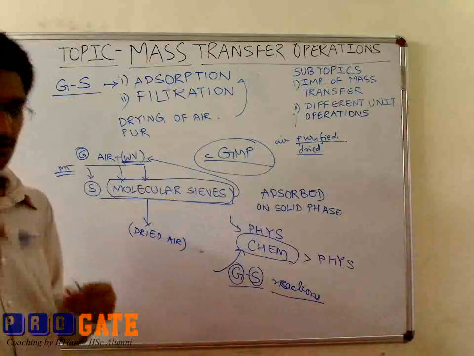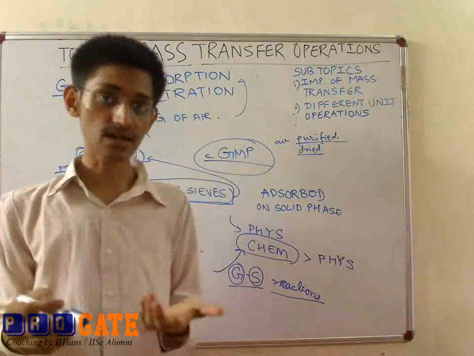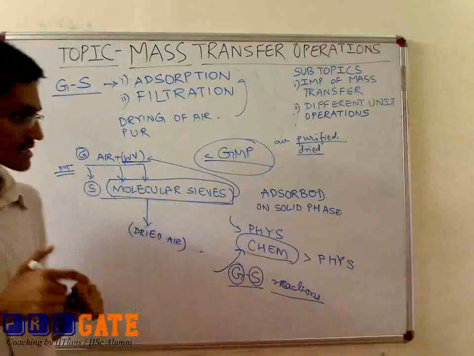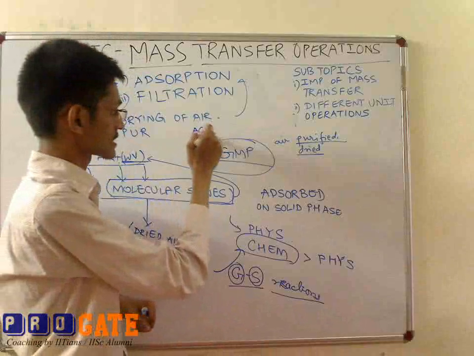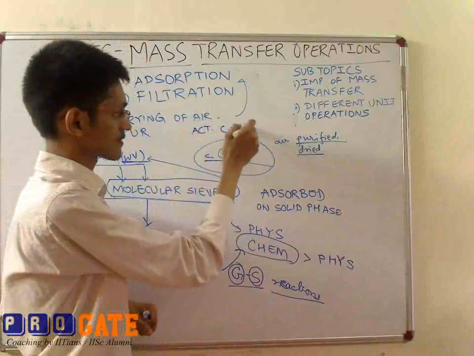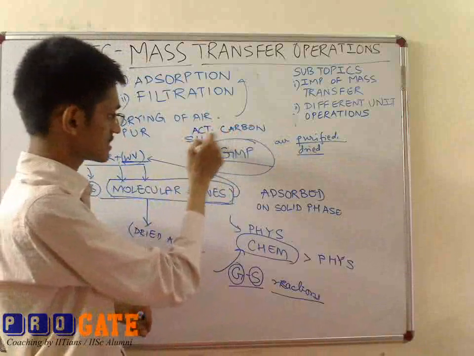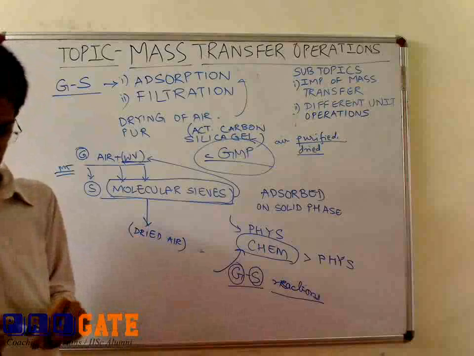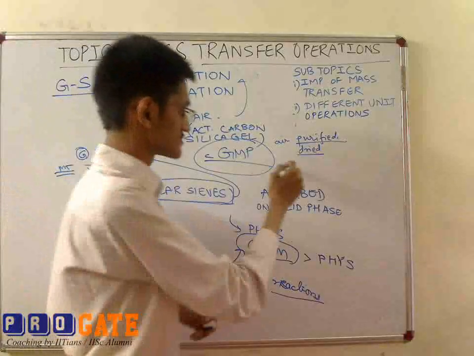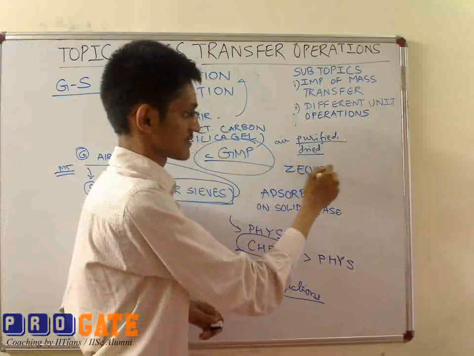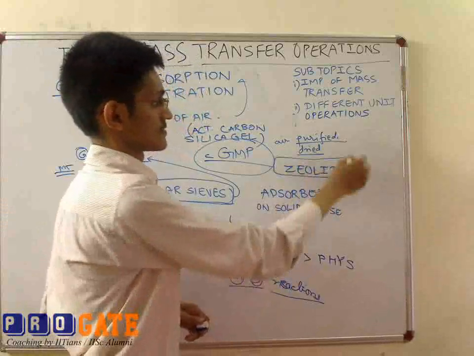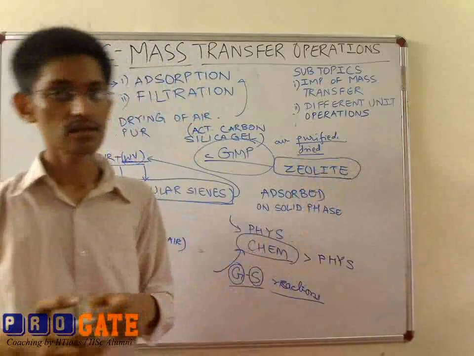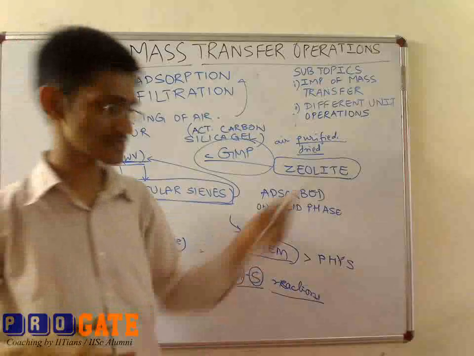Other solids that may be used, which we have studied, are activated carbon, which is normally used as a support, silica, then we have silica gel, then we have zeolite, which either act as the inert support or also may play a role in the gas solid chemical reaction as the catalyst.